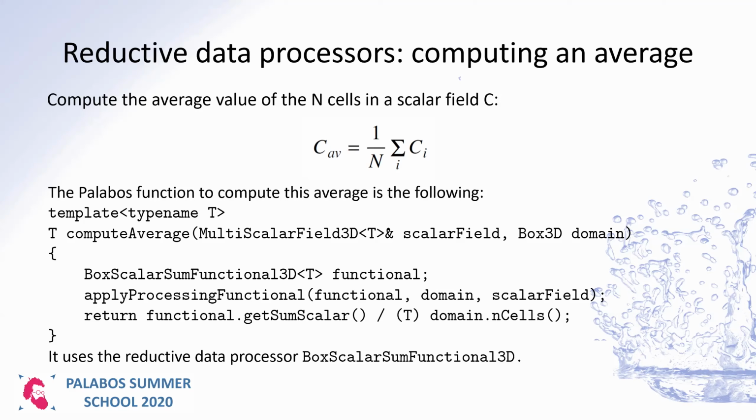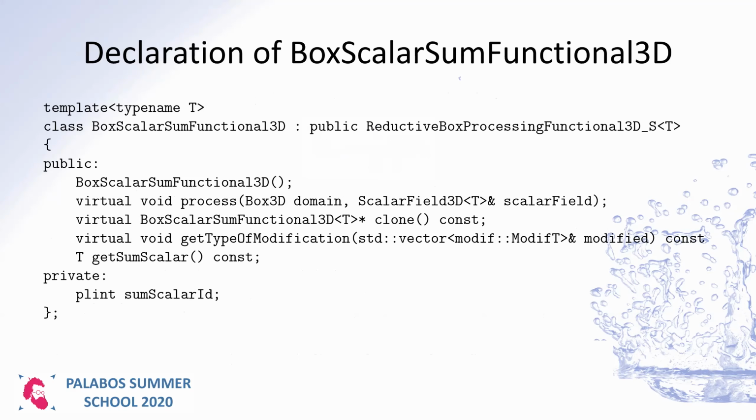So somehow you need Palabos to call these MPI reduction functions for you. And the mechanism, the abstraction provided to you by Palabos to do so, are the reductive data processors. Now, this BoxScalarSumFunctional3D exists in Palabos, but I will show you the code so you understand how you can yourself write your own reductions.